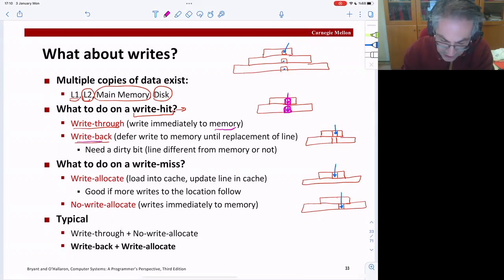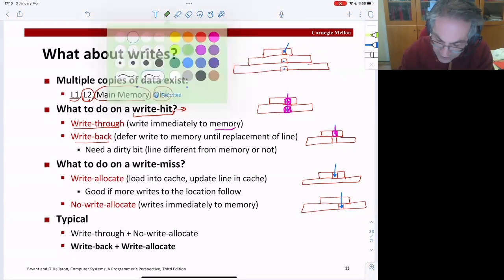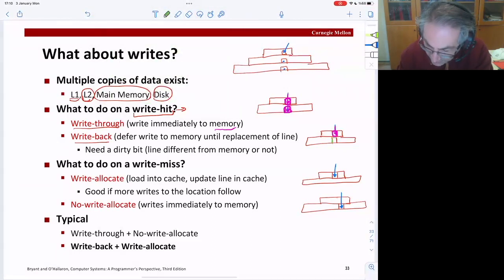And then there is the write back. In the write back case, whenever we have a write hit, you update the value in here. But note that the value that was here is now old, outdated.